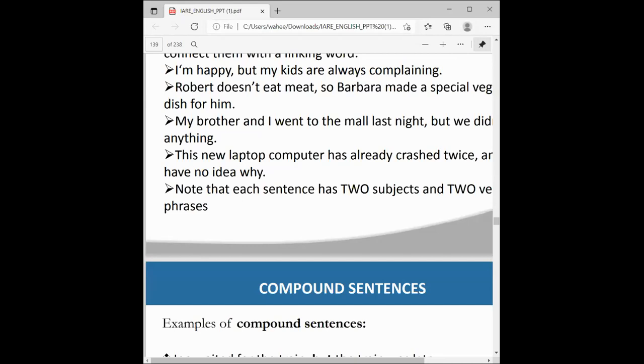In the complex sentence, we have one independent clause and another dependent clause. One or more dependent clauses are there. A dependent clause cannot be a complete sentence by itself, so we need to add it to the main sentence.